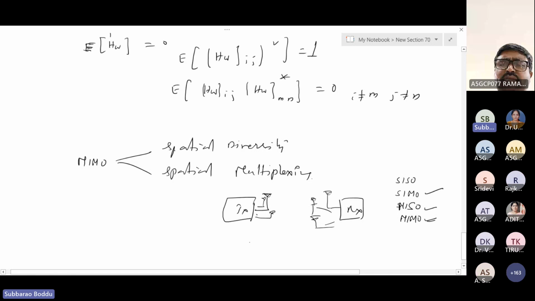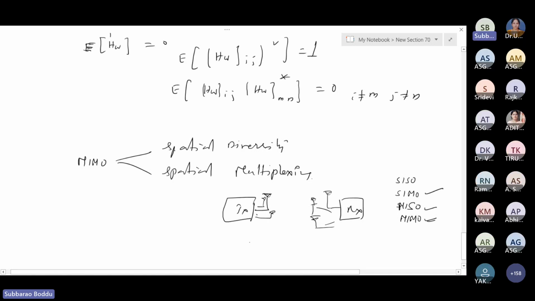So to obtain the diversity at the transmitter side, one needs to note that we need a feedback of the channel information, that is H. The channel information has to be fed back to the system to obtain the diversity at the transmitter side.